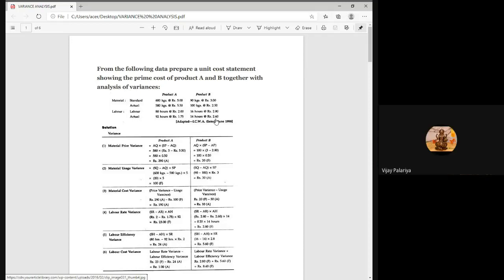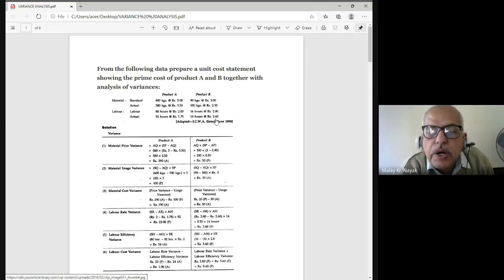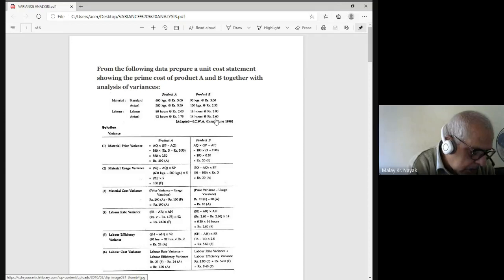SR is 2.80, into 14 minus 16, that is 2 into 2.80, which is 5.60 favorable. You add 5.60 favorable plus 2.80. What is the figure? 8.4.